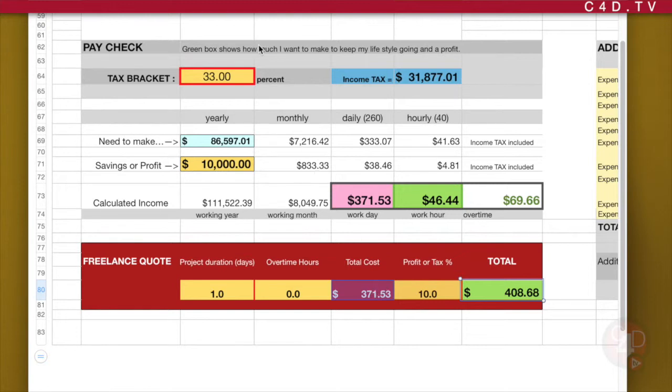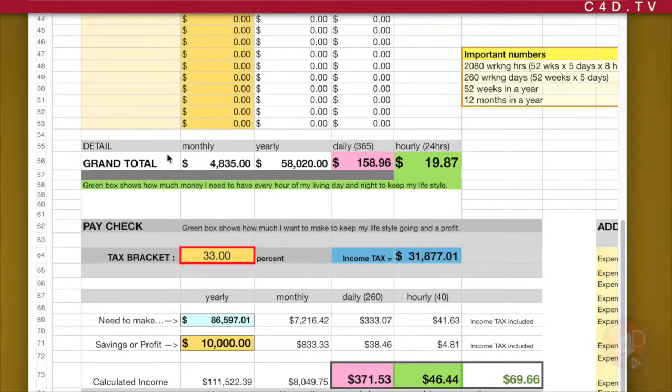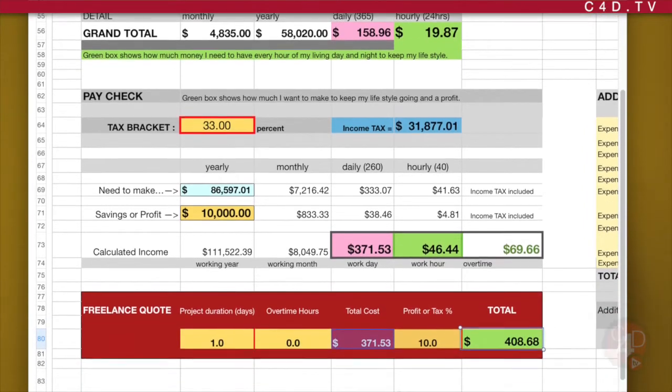So like I said in the beginning, in the grand total of my monthly expenses and yearly expenses, I didn't fill out everything in there because I know this number goes up a little more than $4,800. Okay, so just keep that in mind.